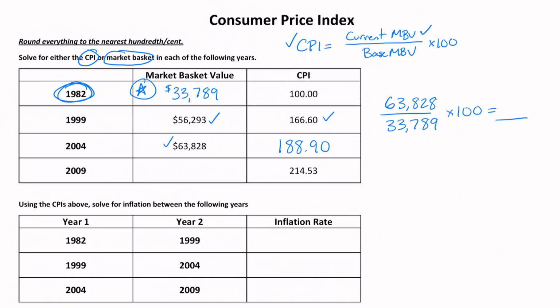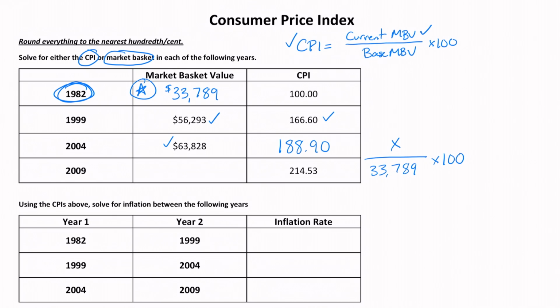And then we can go to 2009. Now, if you notice in 2009, we do not have the current market basket value. So whenever we're trying to solve here, we're still just setting up what we do have. We don't have our current market basket value, but we do have our base year, which was, again, 1982. It's 33,789 times 100 is going to equal this number right there, 214.53.